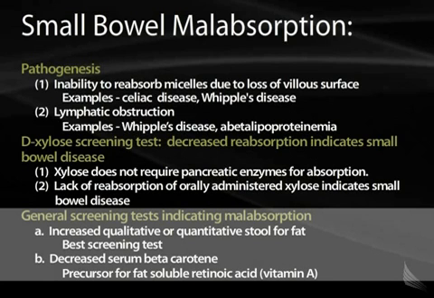And there's also decreased serum beta-carotene, which is a precursor for fat-soluble retinoic acid, or vitamin A. This makes sense because, as we already know, vitamins A, D, E, and K are the fat-soluble vitamins. Therefore, if vitamin A absorption is decreased, there will be decreased serum beta-carotene.